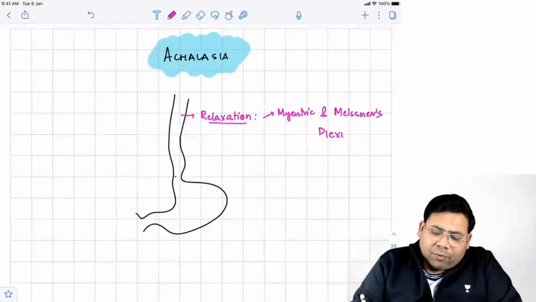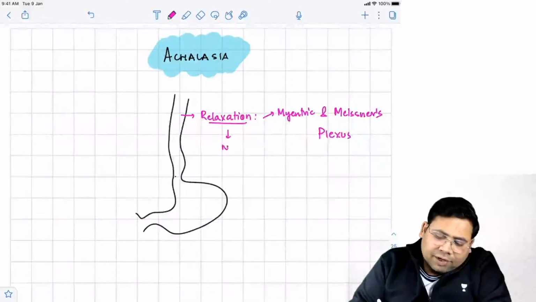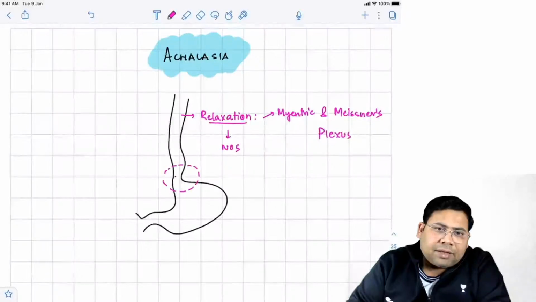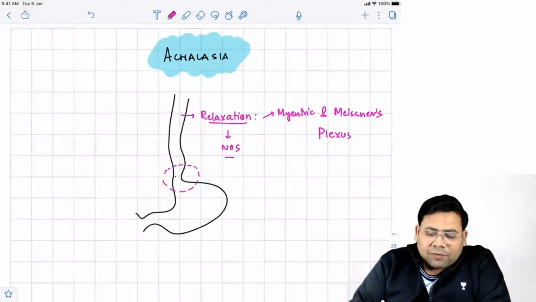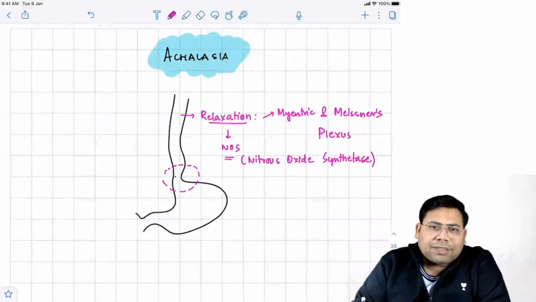The second very important thing is, for relaxation, we have nitric oxide synthase, concentrated around the GE junction. NOS stands for nitric oxide synthase. So we have two factors pivotal for relaxation.